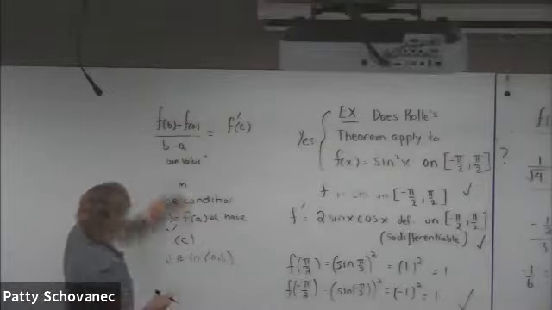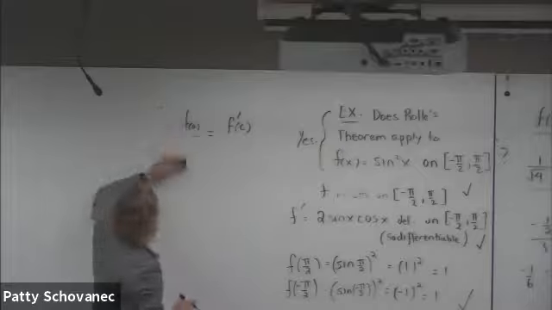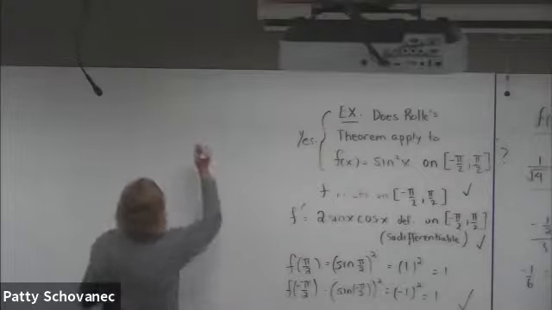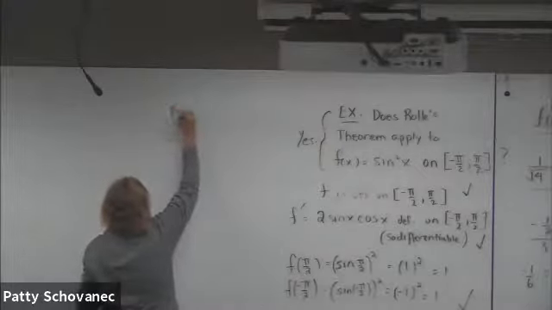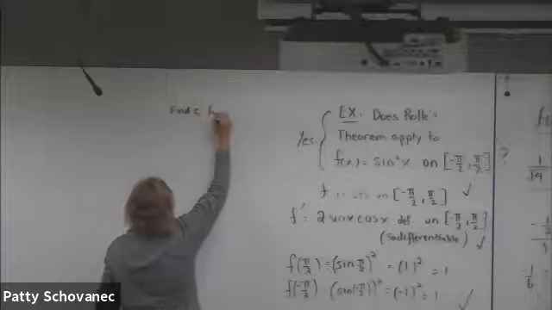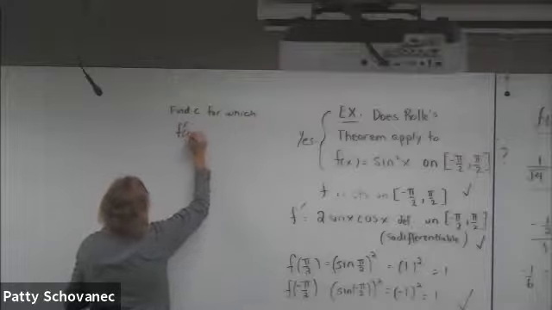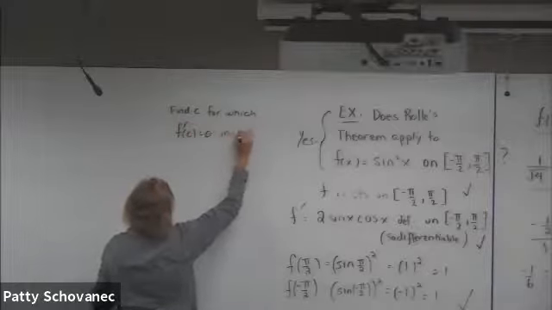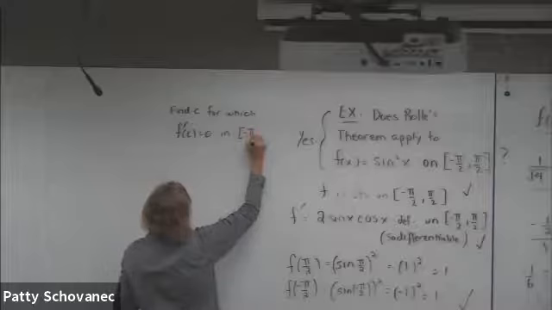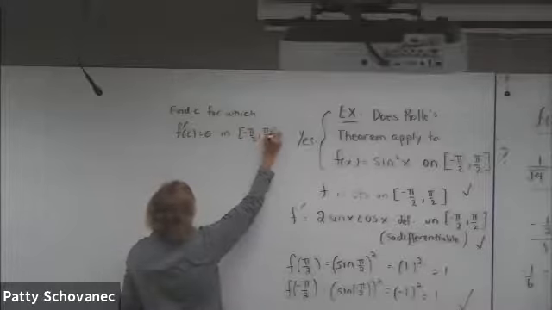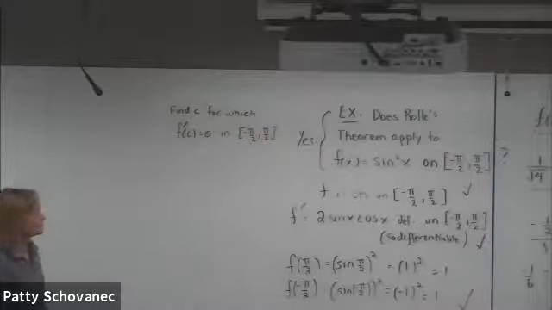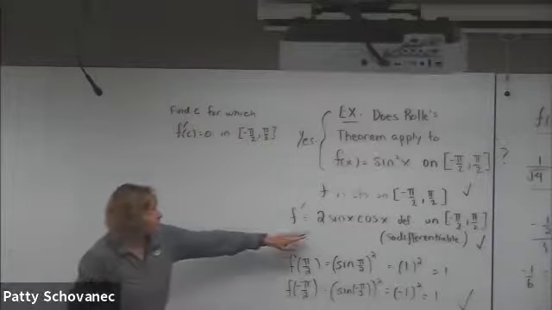There's at least one critical number in that interval. Let's find c for which f prime at c is 0 inside the interval negative pi over 2 to pi over 2. So there's our derivative.